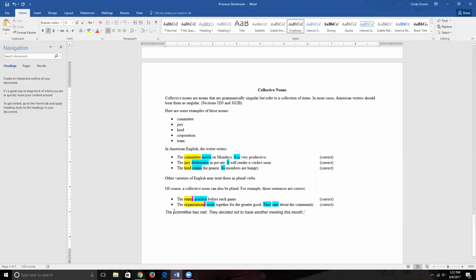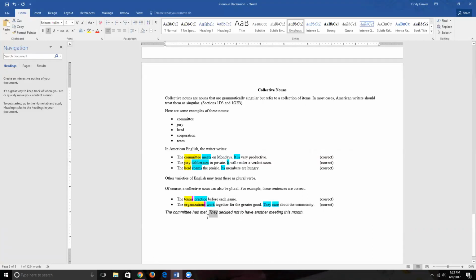Okay, well, committee is singular in this situation, so I was right to use has, because we say he has, we say they have. So we're right here. Now we have they. Well, who's this they? We must be talking about members of the committee, but we don't have an antecedent.